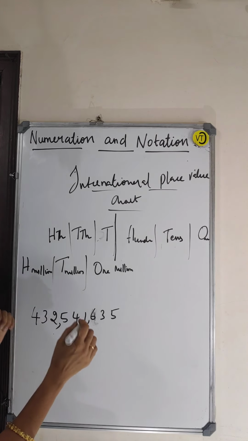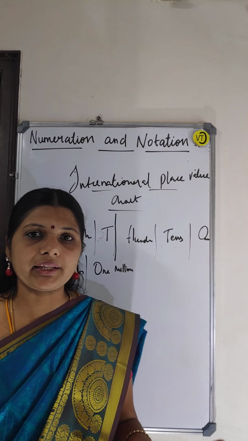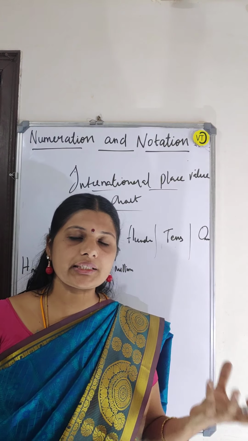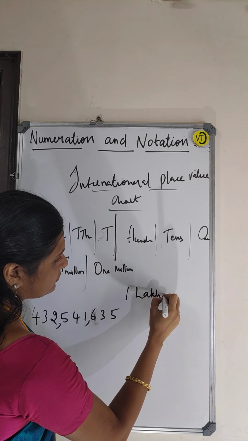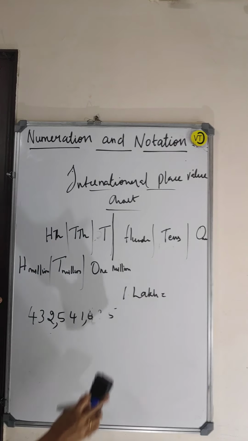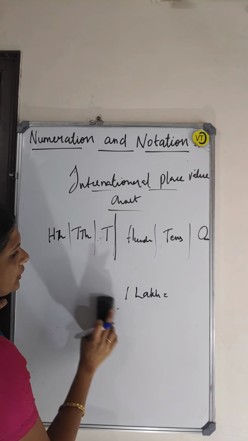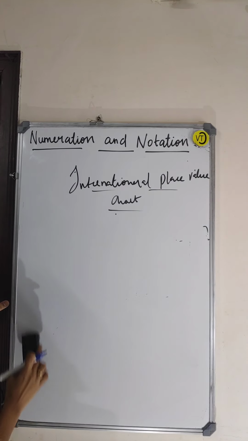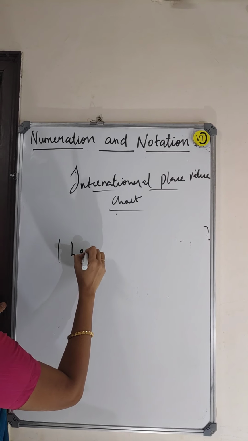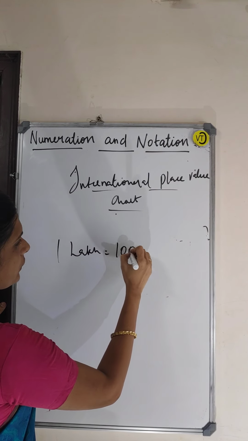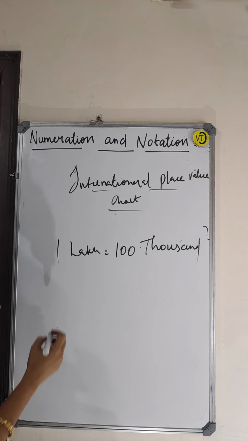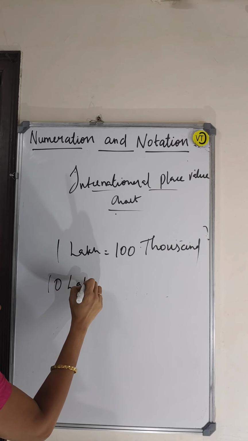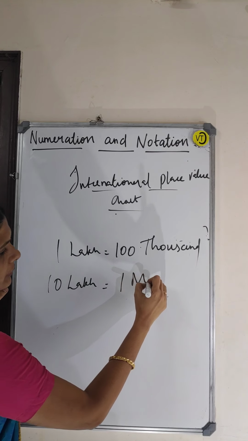Then one more thing. I want to compare some values of the Indian system and the international system. Now see. 1 lakh equals 100,000. 10 lakh equals 1 million.